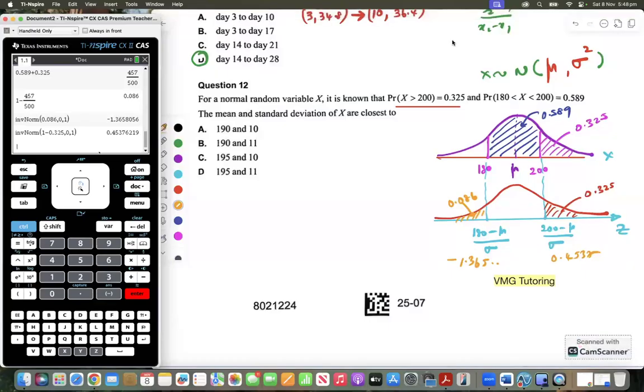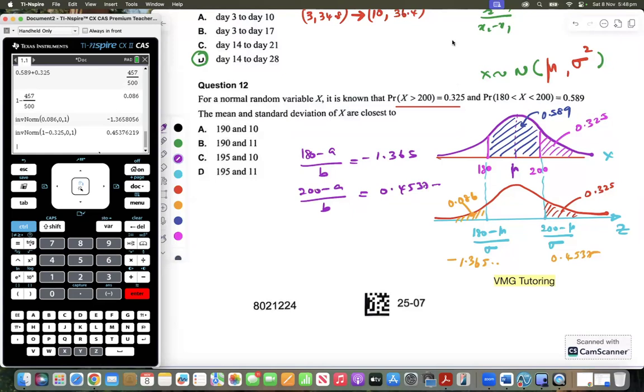Then you can solve them simultaneously, which is 180 minus mu, I should say A, over B is equal to negative 1.365. And the second one is 200 minus A over B is equal to 0.4537.